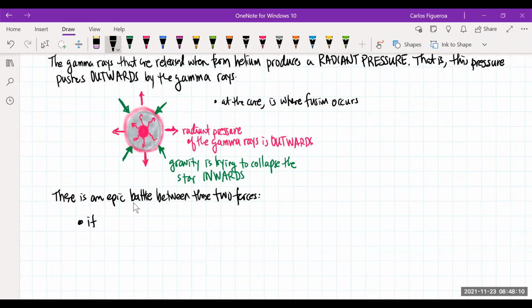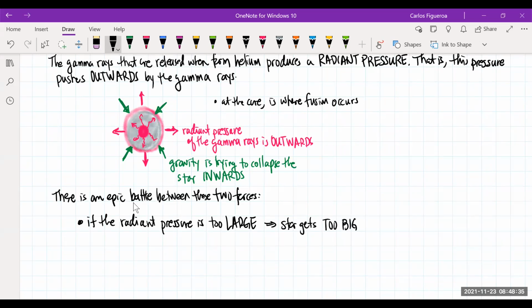So if the radiant pressure is too large, what happens here is that the star gets too big.